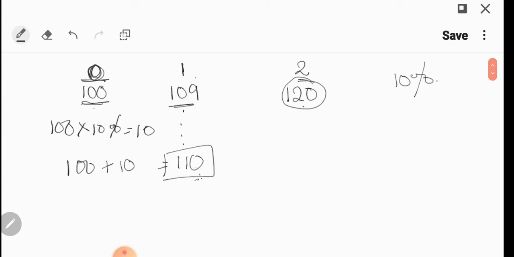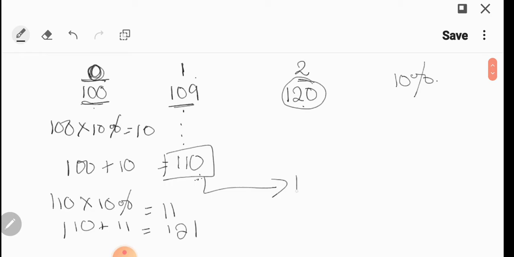Similarly, this 110 can be invested at the 10% rate once again. So again, now you will get an interest of 11, and this amount will become 110 plus 11, 121. So you will get 121 over here.